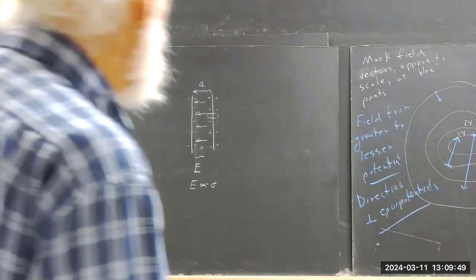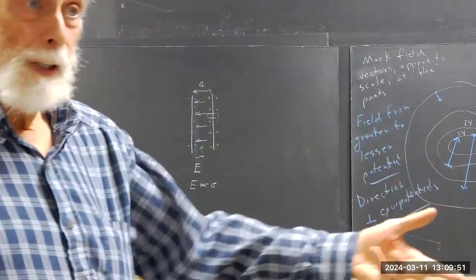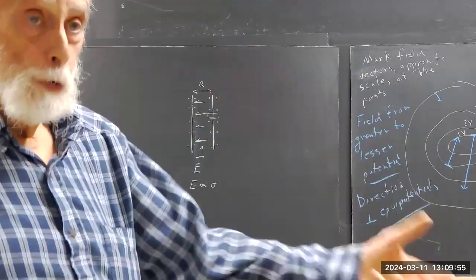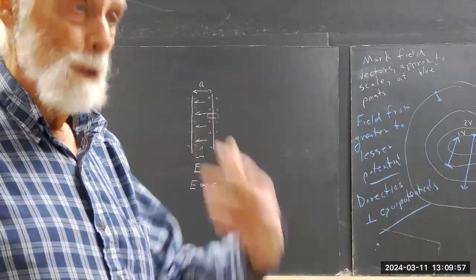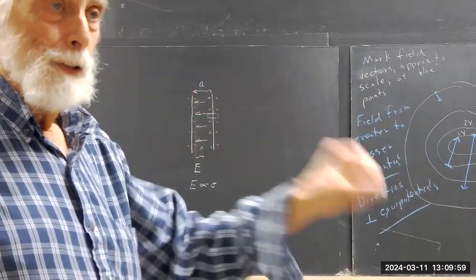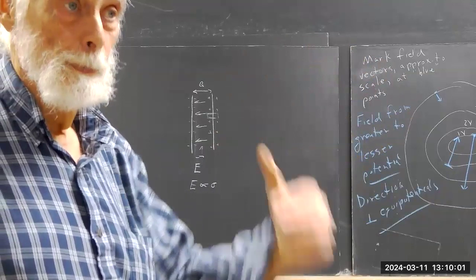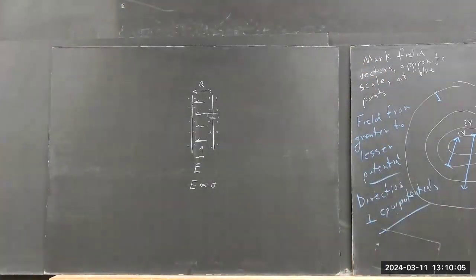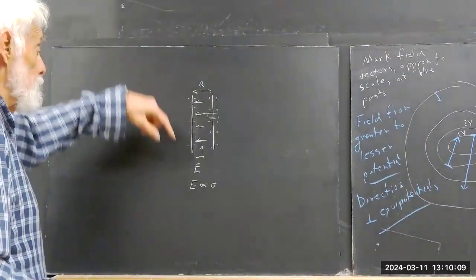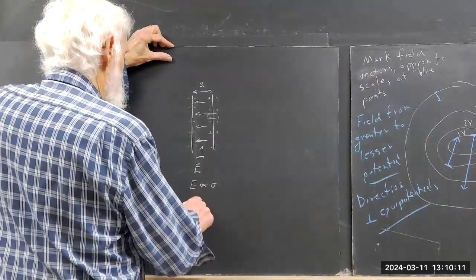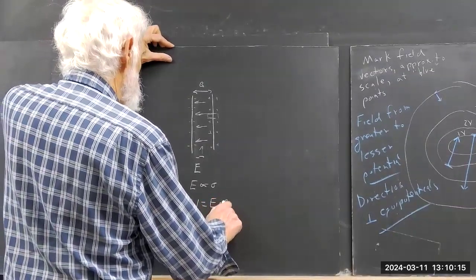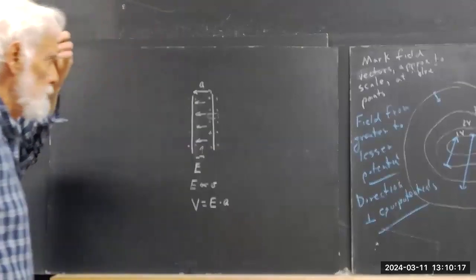Well, your electric field is in volts per meter, you multiply that by A in meters, you get volts. That is a potential difference. Or if it's newtons per coulomb, you multiply by A and you get newton meters per coulomb, which is joules per coulomb, which is your other unit. That's good, right? Good response. So voltage is E times A.